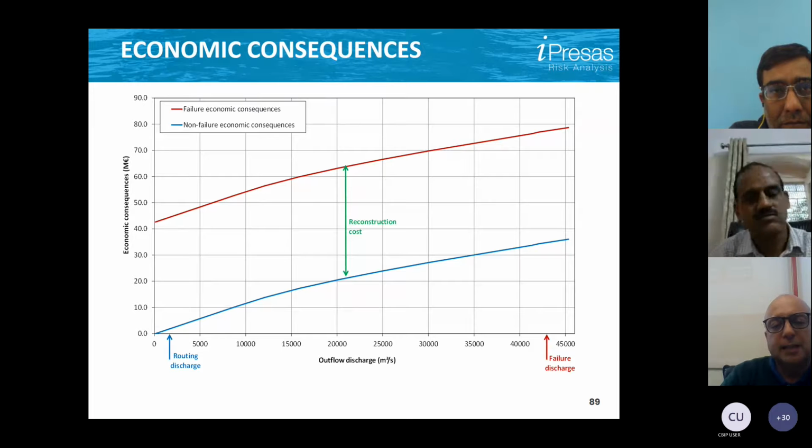I'm giving you this in an Excel file, but here is the outflow, and this is the economic consequences if the dam doesn't fail, and this is the economic consequences if the dam fails, because then we have to reconstruct the dam or re-establish the services one way or another. This is given in one Excel file.